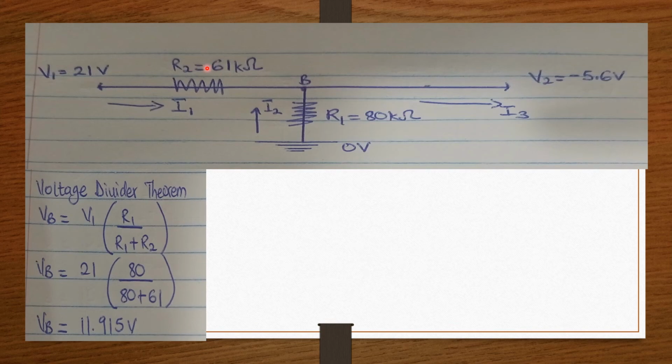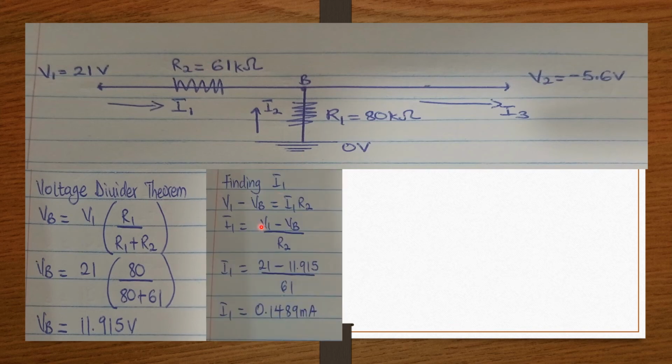So V1 minus VB equals I1 R2. Then I1 is V1 minus VB over R2. We input our values and we find I1 to be 0.1489 milliamperes.